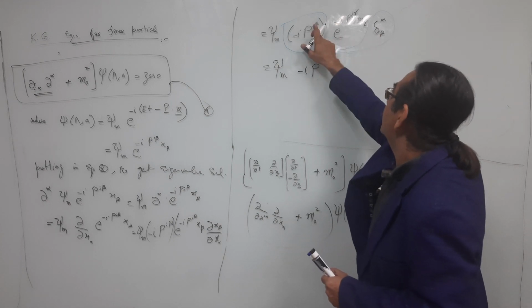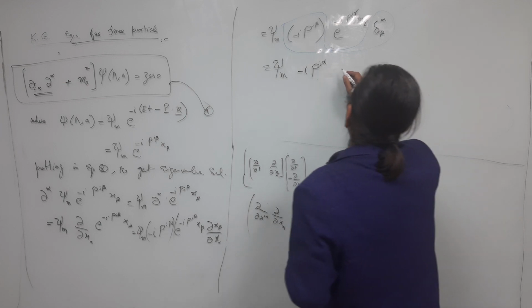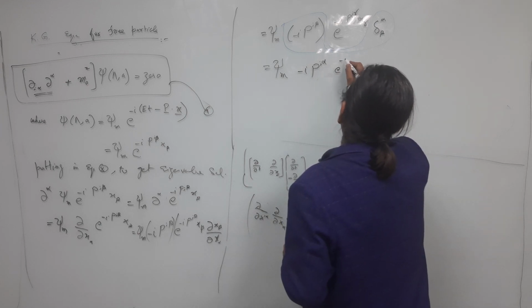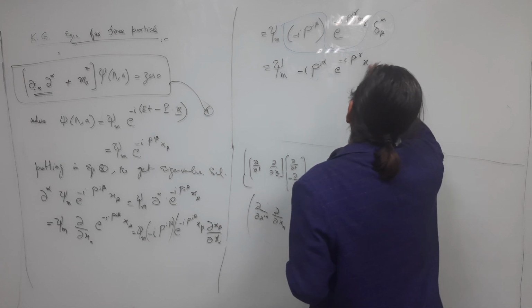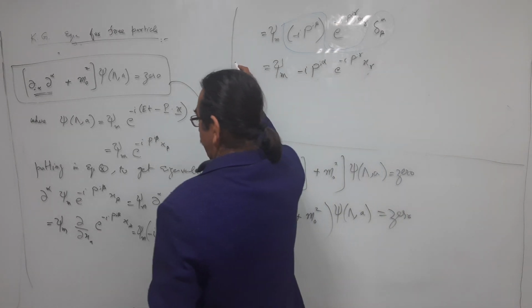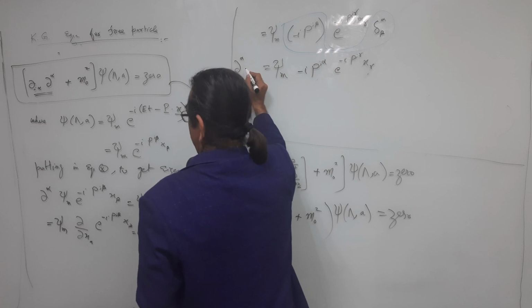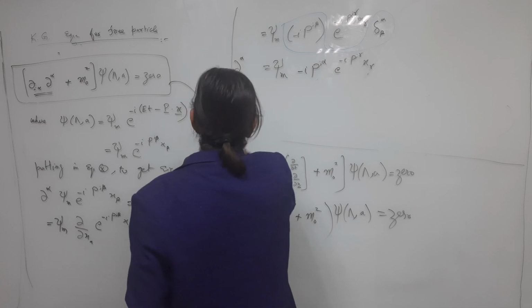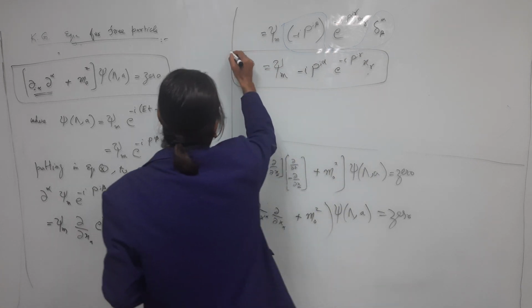Beta beta contracting will be replaced with alpha. E to the power minus iota p gamma x gamma. Okay. So this is equal to this.